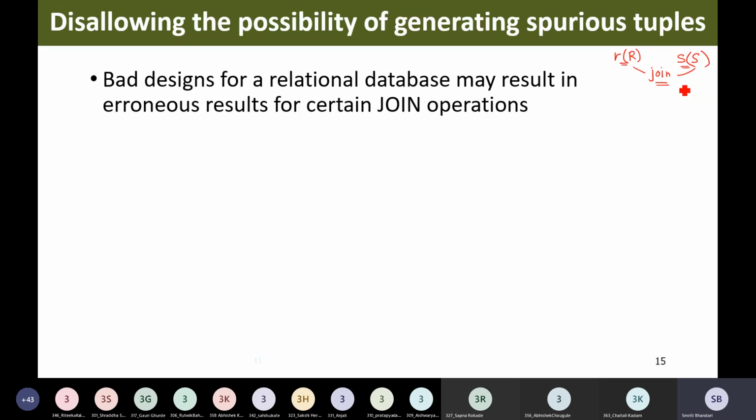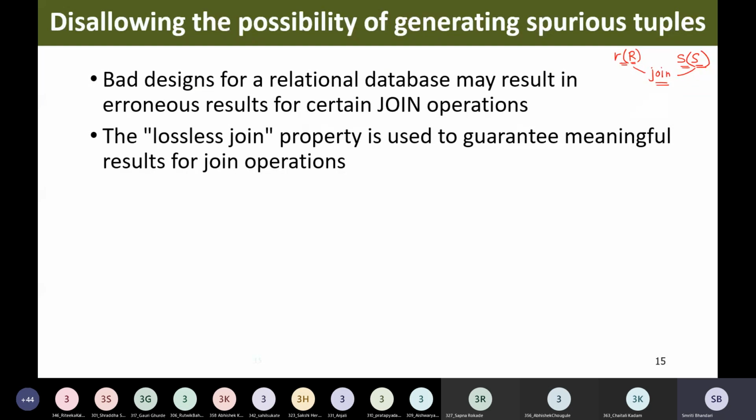Now, bad designs of relational database systems may result in erroneous results for such join operations. So, if we have not designed this relation schema R and this relation schema S properly, then it may happen that whenever we use this join operation, it produces some erroneous result.